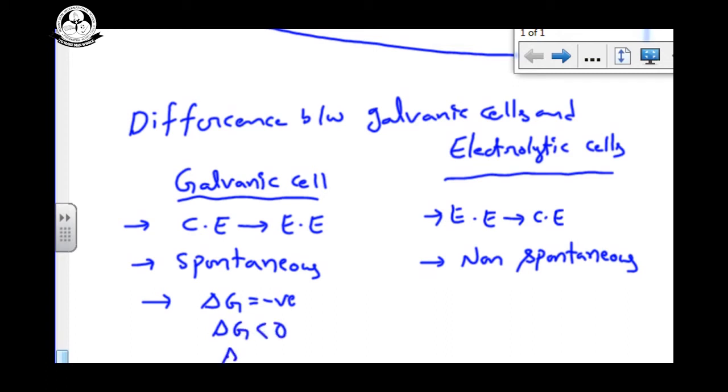So obviously delta H is also less than 0. Moreover, it is an exothermic reaction, energy is liberated. And for the non-spontaneous one, delta G value is positive, greater than 0. So obviously delta H is also greater than 0, so it is an endothermic reaction.